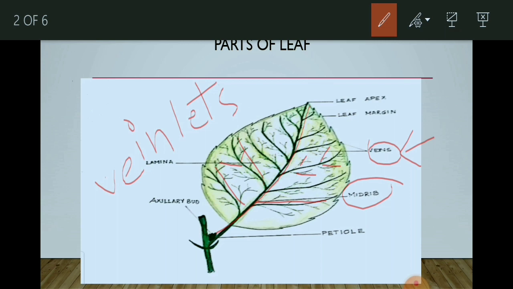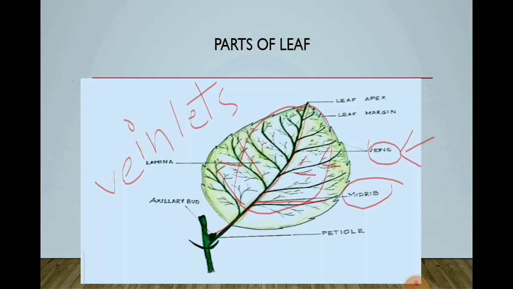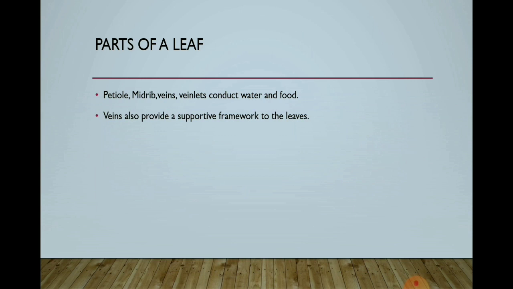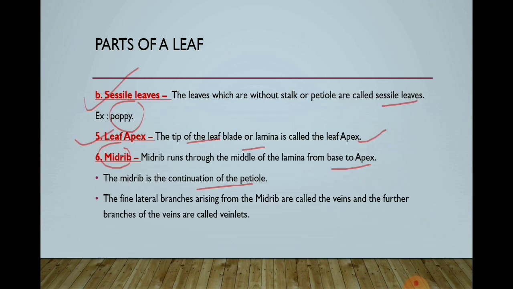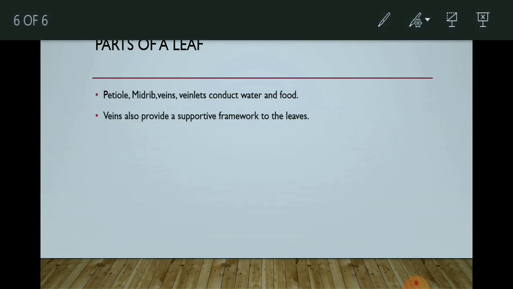In our case, we are human beings, we have a skeletal system, we have bones which provide a supportive framework to our body. In case of leaves, these veins provide a supportive framework to the leaves. So these are the two functions. So these all are the parts of the leaf. I hope this one is clear to you. I have already discussed all the important parts of the leaf.